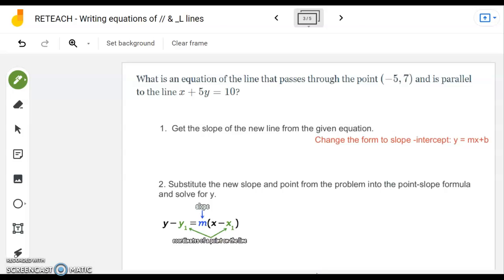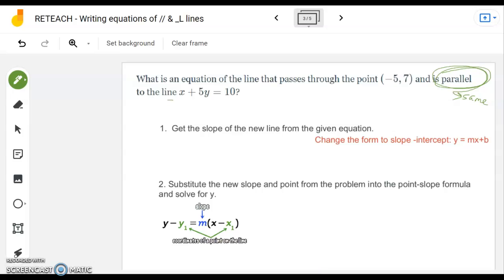Okay, next. What is an equation of the line that passes through the point -5, 7 and is parallel to the line x plus 5y equals 10? This time I want to focus on the keyword, which is parallel, which means the slopes are going to be the same. I need to get the slope because I have it in standard form, x plus 5y equals 10, and I need to change that into y equals mx plus b.